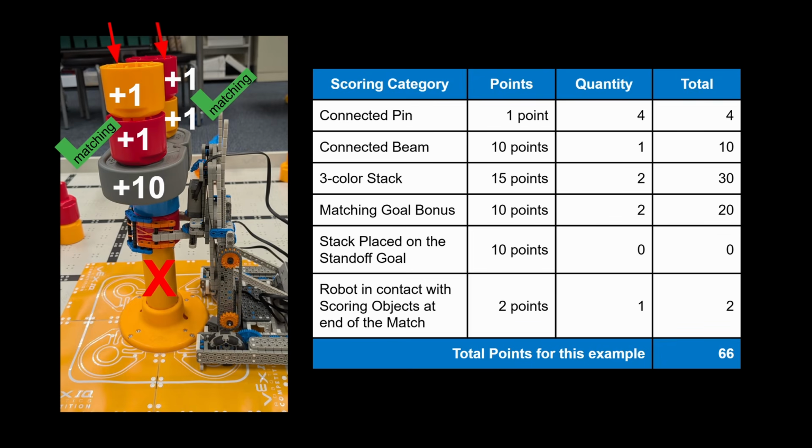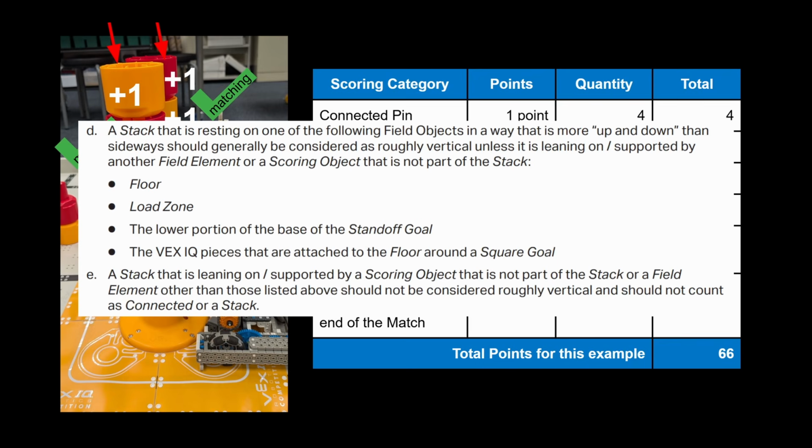Now, you may be saying to yourself, hey, Coach Tyne, a few examples ago, I thought you said that a stack is not roughly vertical per our fun SC3, D, and E, as that beam is not resting on one of those allowed exceptions. And I agree with you. Good catch.